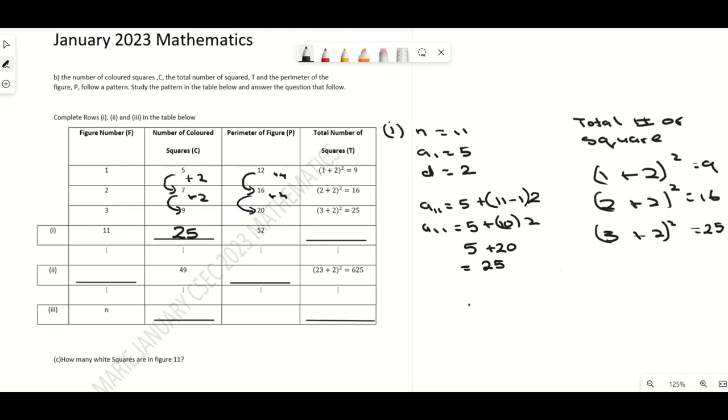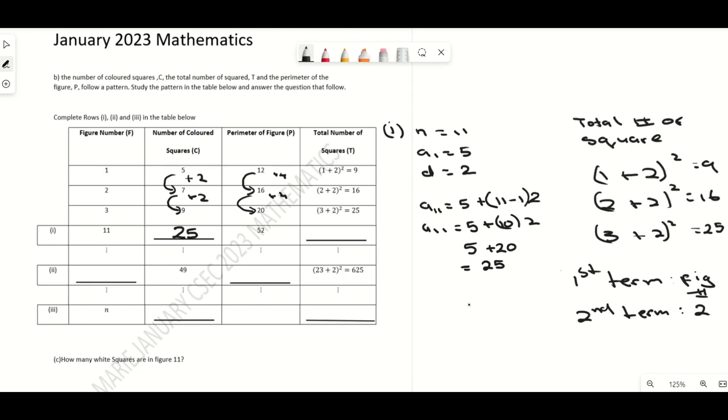For your total number of squares, your first term in that formula that they gave you is your figure number. And then we can see the second term is actually constant, which is 2. And these last values here are when you add them up.